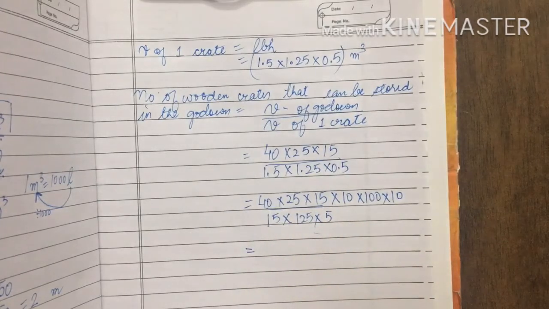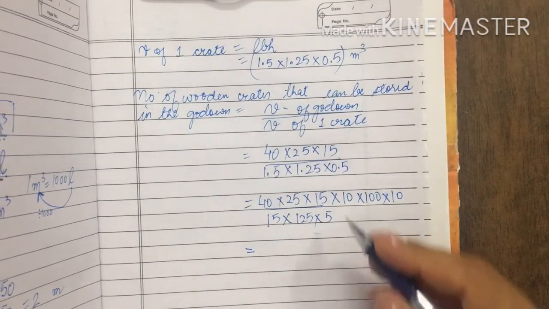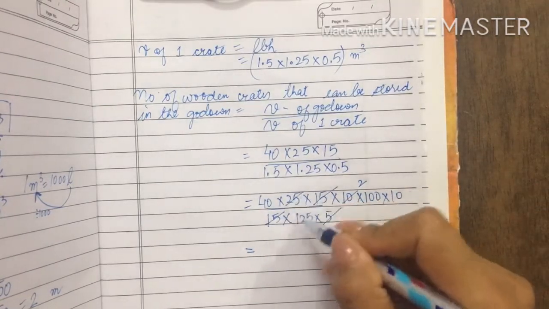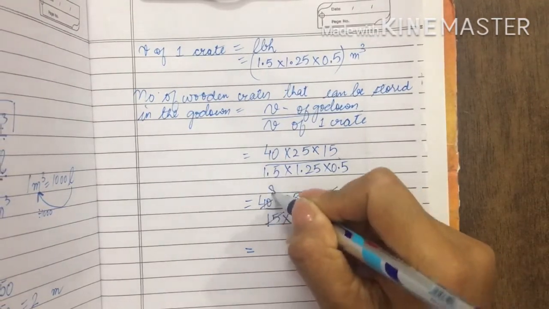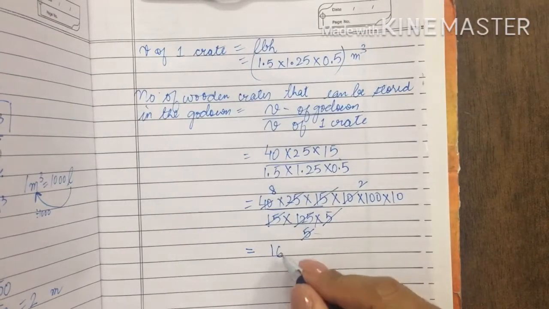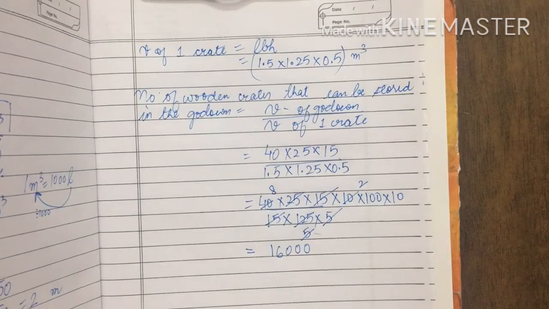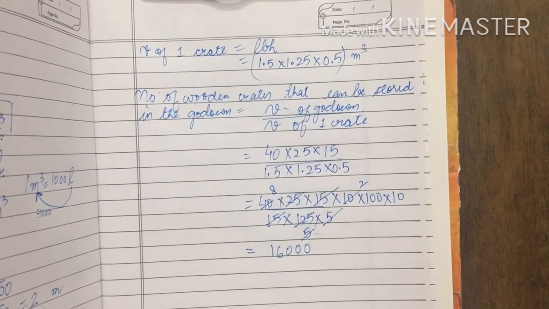Now solve. So this comes out to be 16,000. So the number of crates that can be filled in the godown is 16,000. Now we shall be doing the remaining questions tomorrow.